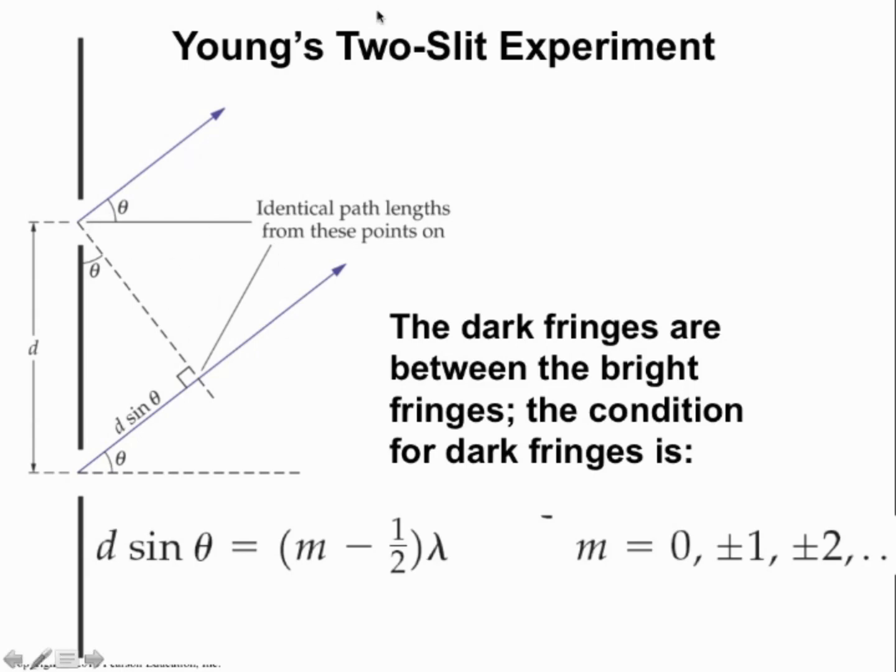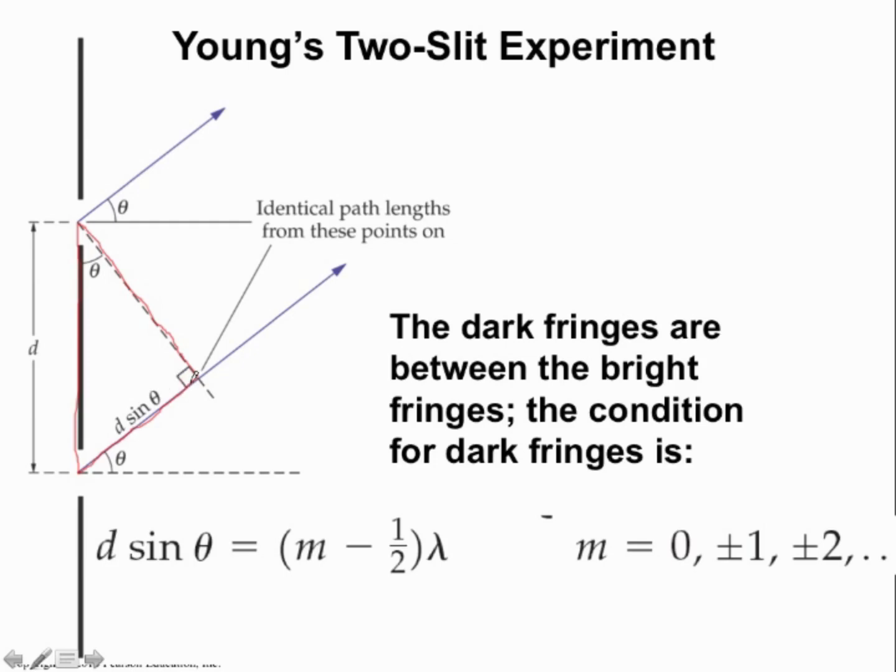Okay, so we have the light beam on top, the light beam on the bottom. Notice that if we draw a right triangle here, we can do that right now. What I'm tracing out is a right triangle, and this right triangle shows you the difference in path length. If the hypotenuse is d and this angle here is theta, then the side opposite theta is going to be d sine theta, because sine is opposite over hypotenuse.